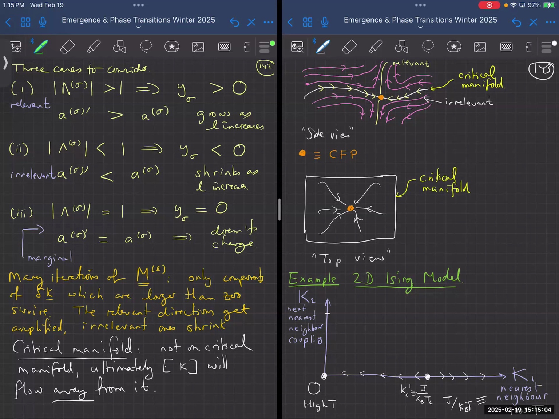Initially the nearest neighbor one is set equal to 0, but after I've done a renormalization group transformation, there's no reason for it to be 0. So I'm going to get a flow diagram that looks something like this. There's going to be some critical fixed point in the middle here.